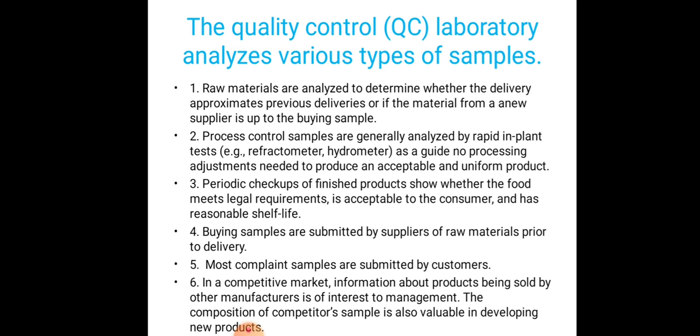Buying samples are submitted by suppliers of raw materials prior to delivery. Most complaint samples are submitted by customers. In a competitive market, information about products being sold by other manufacturers is of interest to management. The composition of competitors' samples is also valuable in developing new products.